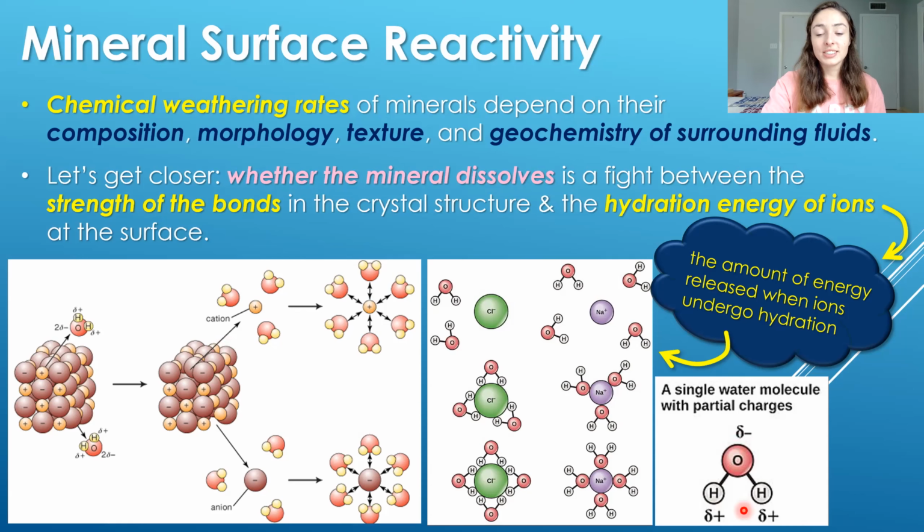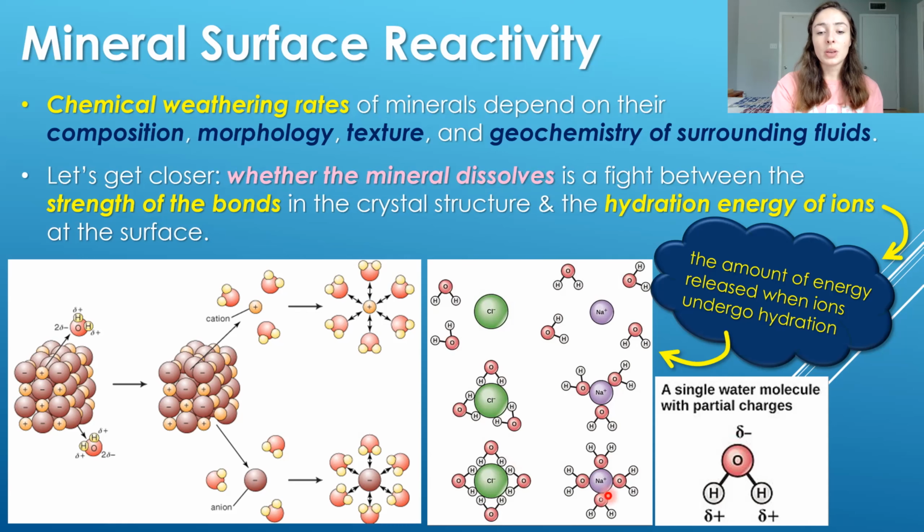And the hydrogen side of the water molecule is going to be attracted to the anions or negative ions at that mineral surface. And so if these ions at the mineral surface have a high hydration energy, aka a lot of energy is released when they become hydrated or surrounded with water molecules and dissolved into the solution, that means that the mineral is likely going to dissolve into the solution.